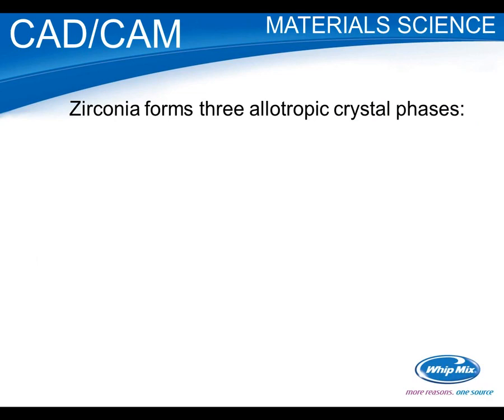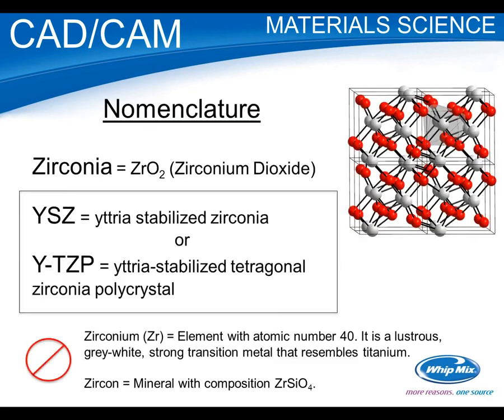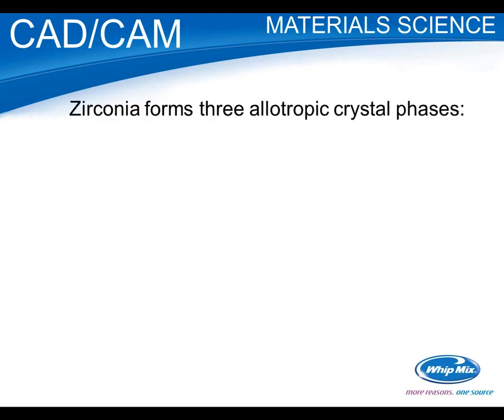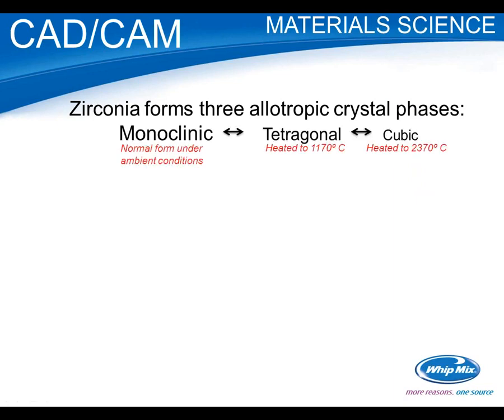Okay, so when I talk about those crystals, let me back up a second. So when we talk about those crystals, the distance and the packing, they can take different packing orientations, and the configuration they're in is called an allotrope. And zirconia can form into 3 different crystal allotropes.